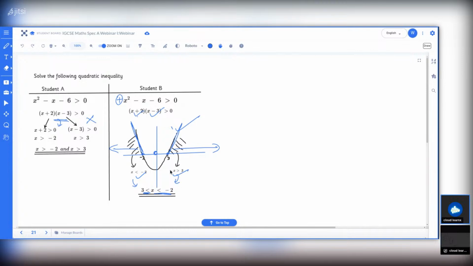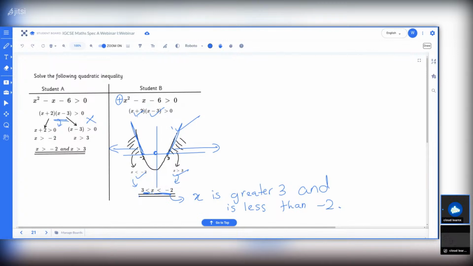But why is it wrong? Because it does not make sense. It's sort of saying x is between 3 and minus 2, which cannot happen. Can a number be greater than 3 and less than minus 2 at the same time? So this is the meaning behind this. This is x is greater than 3 and at the same time is less than minus 2. Give it some thought. Is that possible?